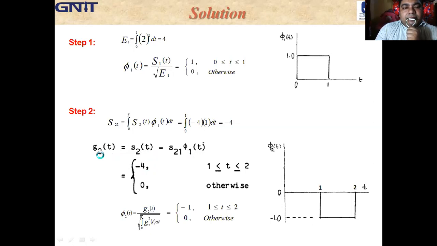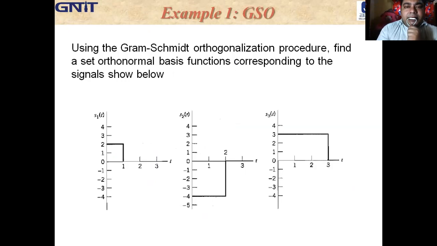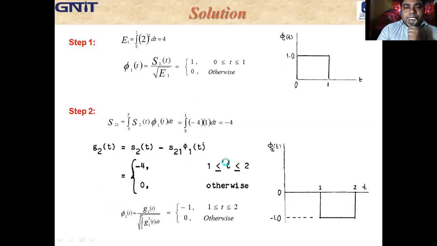So if we calculate it, G2t is equal to minus 4, where t belongs to 1 to 2, because phi 1t belongs to 0 to 1. So G2t is minus 4, where t belongs to 1 to 2, and otherwise it is 0.